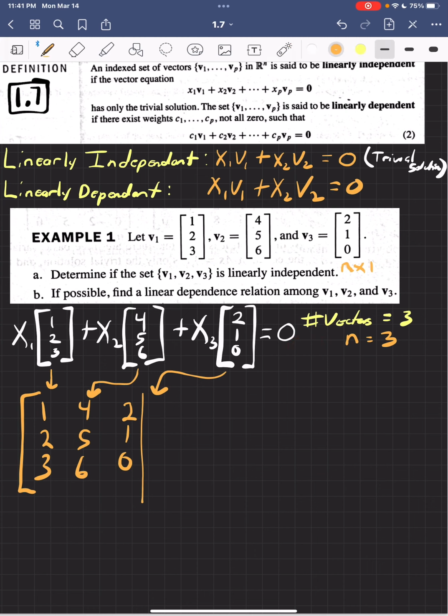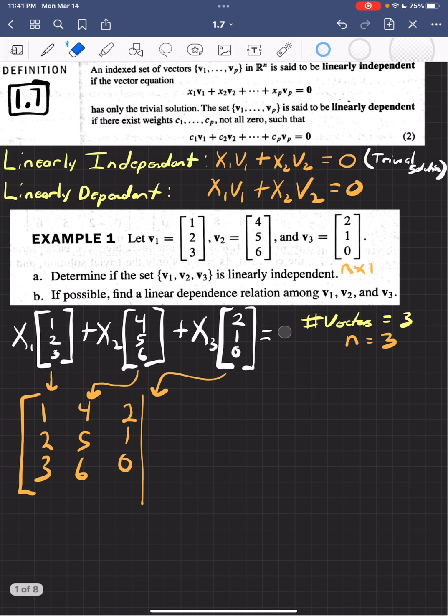So let me go ahead and write the 0 in the context of this problem. If we were dealing with two-dimensional vectors, then obviously our 0 vector would be written like this. But we are in 3 dimensions, so our vectors are going to be written as follows. So the very last column here is going to be formed from that 0 vector.